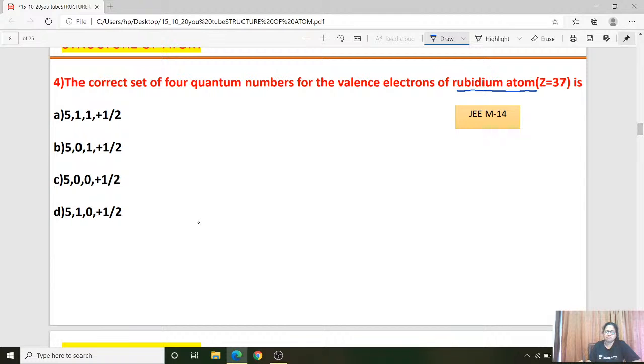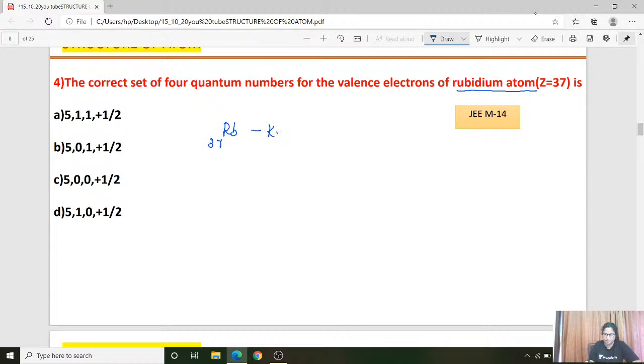Rubidium, see, there are different ways in which you can solve the problem. One of the ways is to write the electronic configuration. Now when I say electronic configuration, we are not going to write everything. So we are going to mention krypton here, the nearest noble gas.